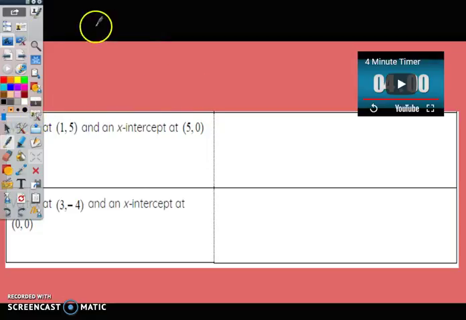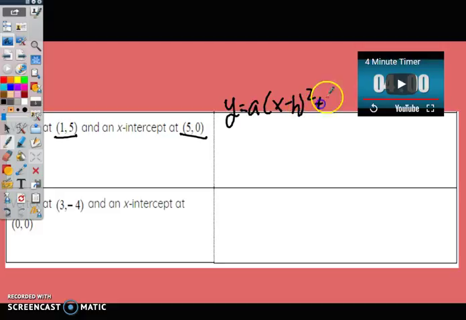Okay, so let's talk about these. We had a vertex of 5 and an x-intercept. Making our substitutions. What goes in for H? What goes in for K? 5.